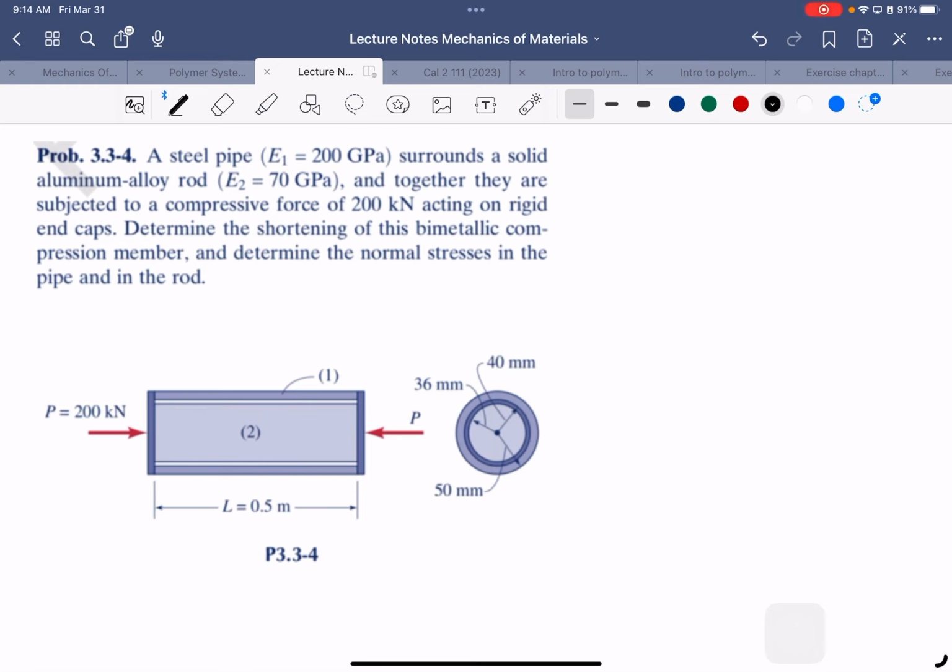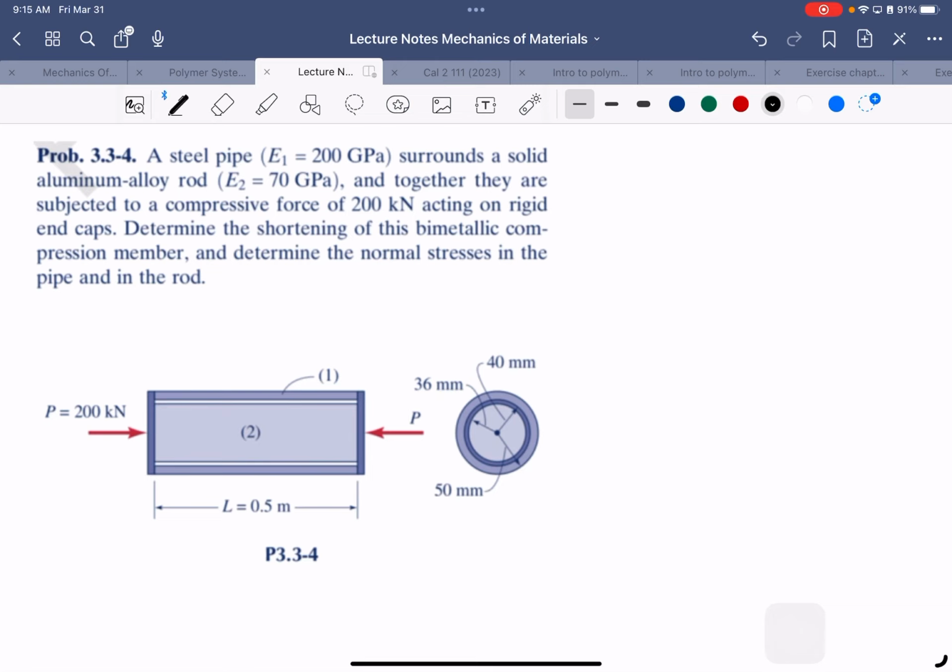So for the first problem, we have a steel pipe. The steel pipe surrounds a solid. If you see the picture, number 1 is the pipe.